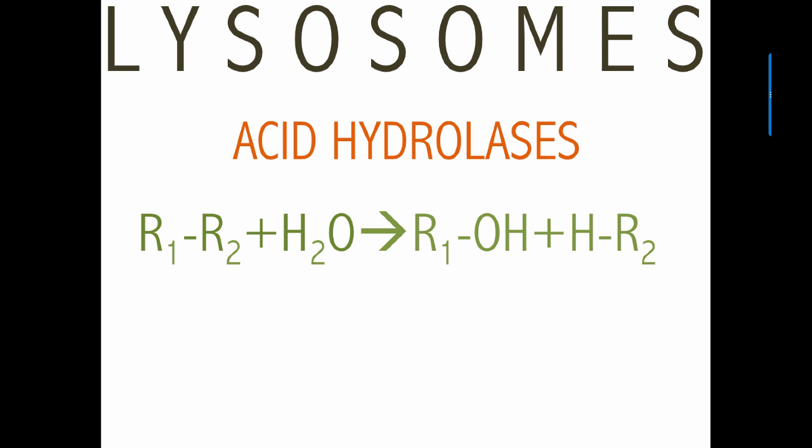Lysosomes are for degrading parts of the cell which are no longer functional. Proteins that need to be broken down because they've stopped functioning can be taken into the lysosome and broken down by a group of enzymes called the acid hydrolases. These enzymes only work in the low pH of the lysosome. Remember, if it's a low pH, there's a high proton concentration. And so what these enzymes do is they will take a molecule.